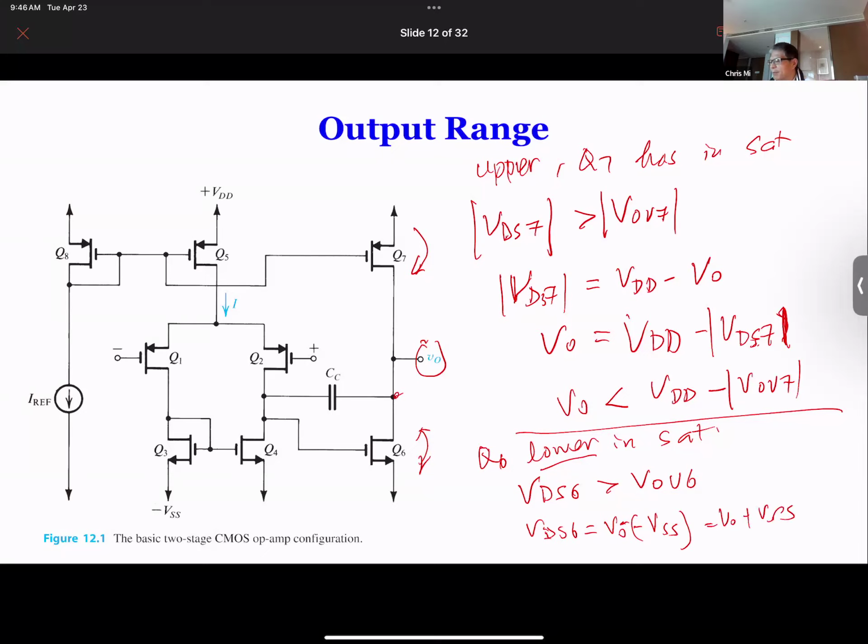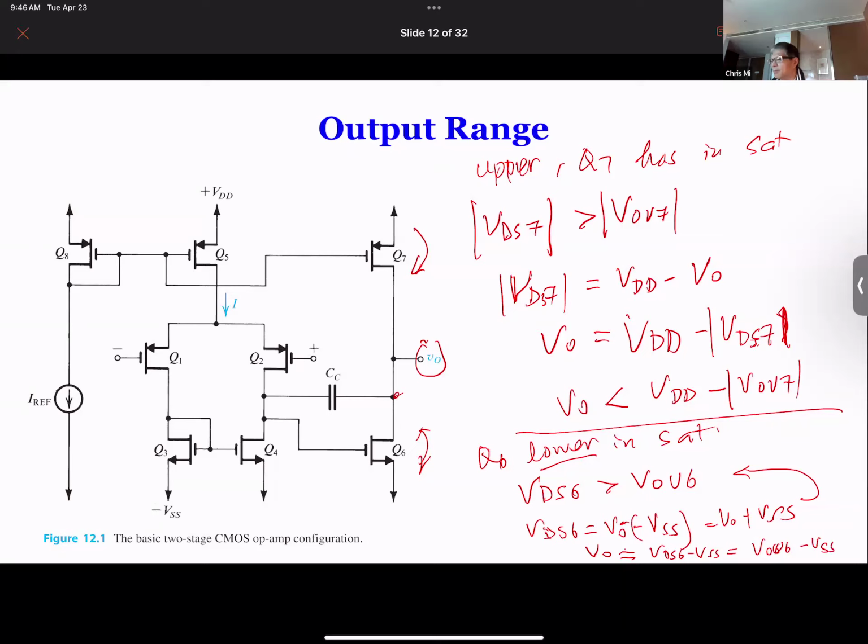And then now we plug in this one to here. We got VO equal to VDS6 minus VSS, and plugging VOV6 here, VOV6 minus VSS.